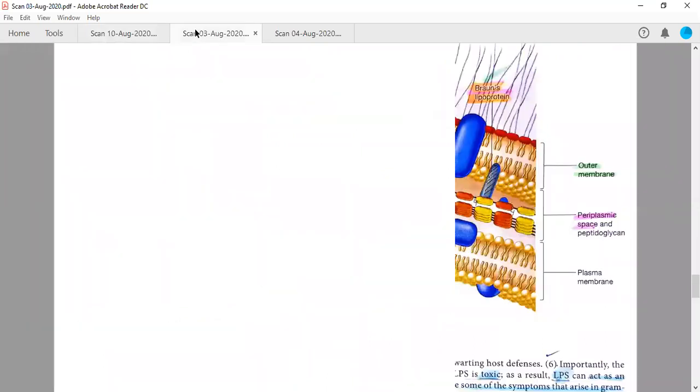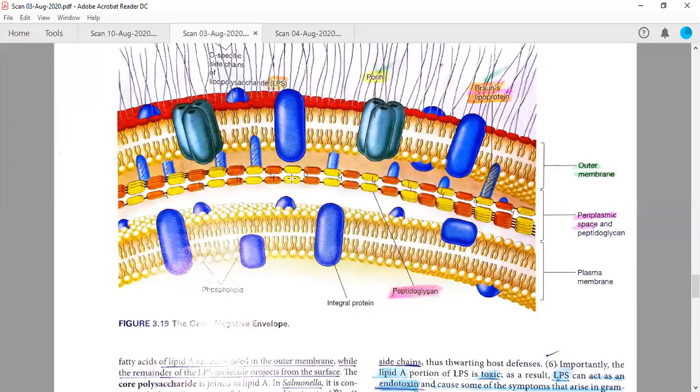If you are able to understand this diagram of the gram-negative cell envelope, okay, let me annotate this so that you can better understand. Sorry, this is not visible actually.